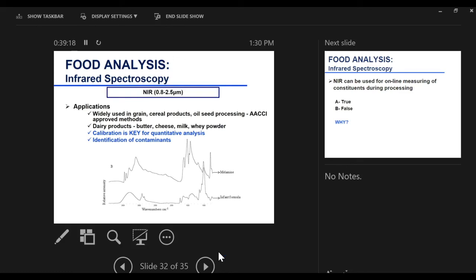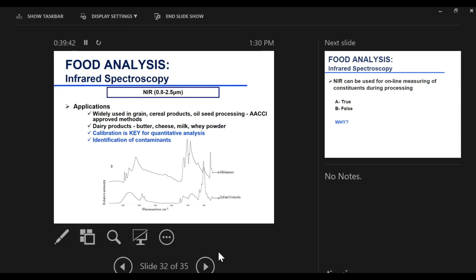However, the melamine IR spectrum is very unique. If we run an infant formula and you run melamine, you can see that there are differences. If you have melamine contaminating an infant formula, you will see specific regions that are specific for melamine. So you can detect the presence of that.